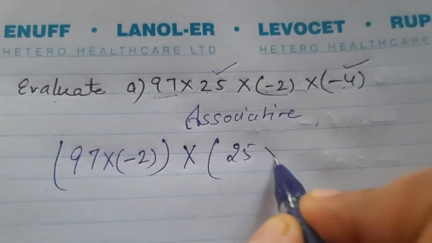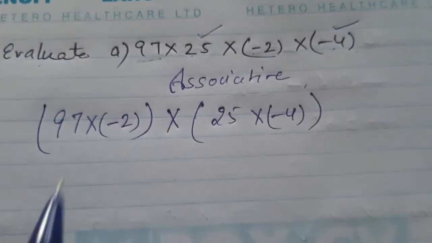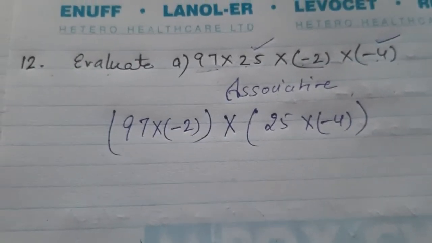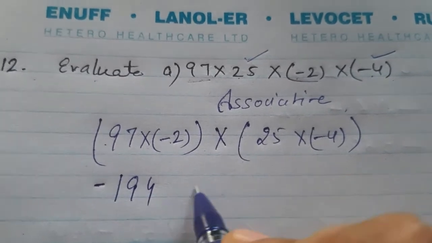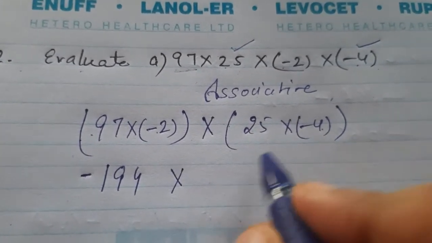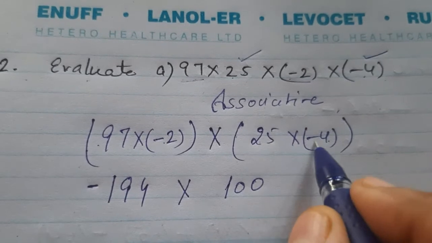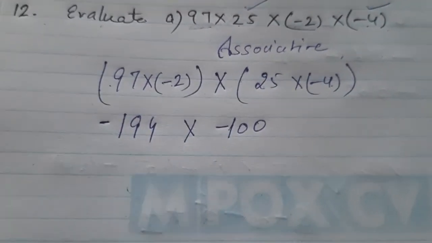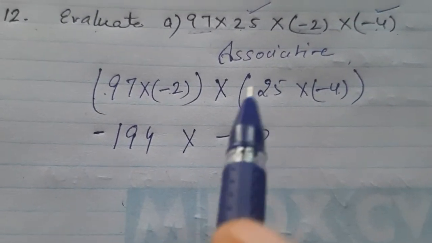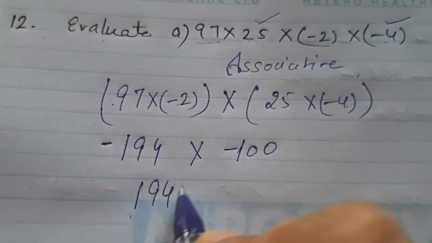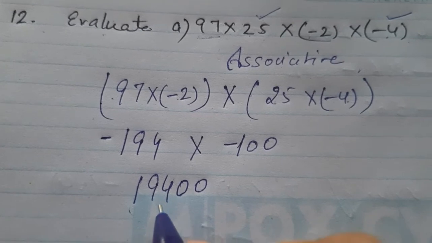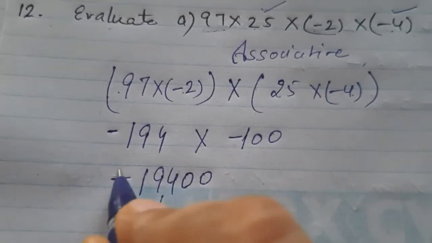In another bracket, 25 into minus 4. So 97 twos are 194, plus minus is minus. Multiply by 25 fours are 100, plus minus, again it will be minus. Now we will multiply two negative signs. Two negatives will become positive. So the answer will be 19,400 with the positive sign.